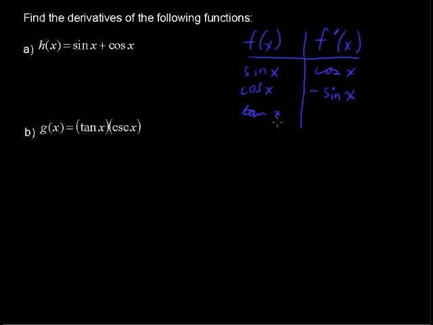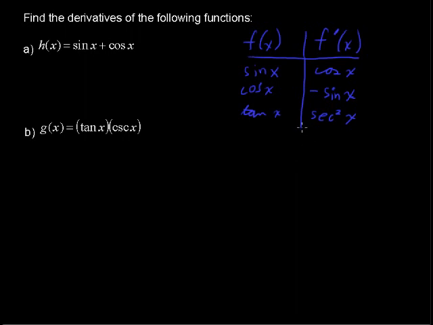Now, the derivative of tangent of x could be found using the quotient rule if you just know these, because tangent of x equals sine of x over cosine of x, and you can apply the quotient rule. What you would get in the end after you simplify would be secant squared of x. And again, for our purposes, it's okay to just memorize that.